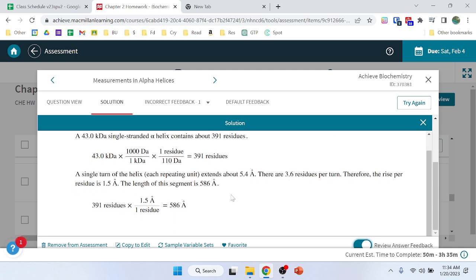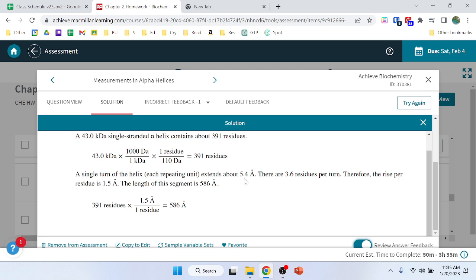Does that make sense? Let me go over it again. Okay, so residues will be the number of amino acids, essentially, we have in this segment, right? And so they're in an alpha helix. That alpha helix winds so that every 3.6 residues, it repeats, so you'd be on the same side. That essentially tells you how many corkscrews there are, right?